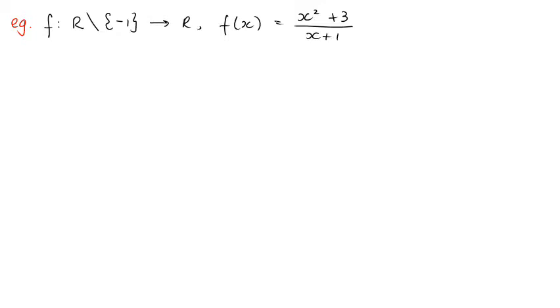Okay, so number 1, we have to consider the limit as x approaches infinity and x approaches negative infinity. So what happens when we substitute x for infinity into that fraction?